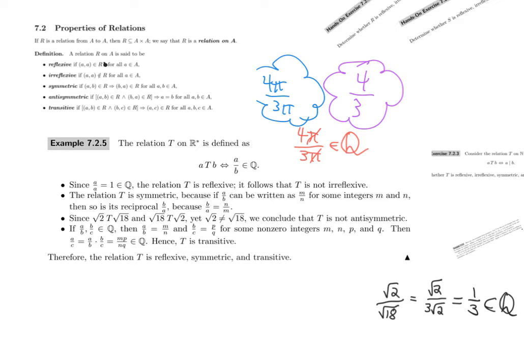Just to give you a quick example of something that is anti-symmetric, the simplest example of anti-symmetric is the equals relation. A equals B and B equals A definitely implies that A equals B. So equals is antisymmetric.